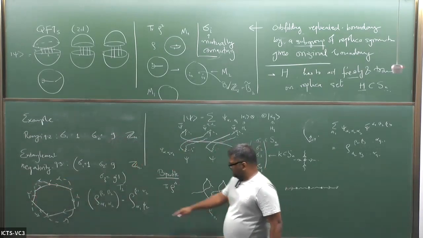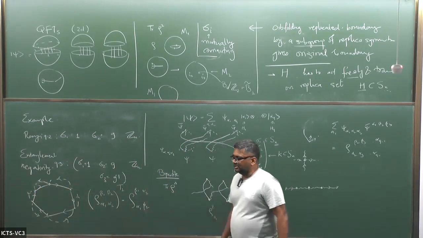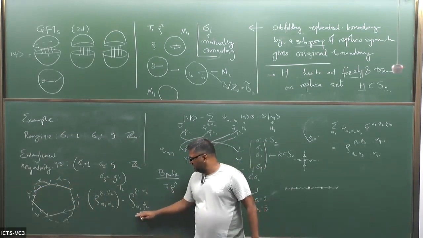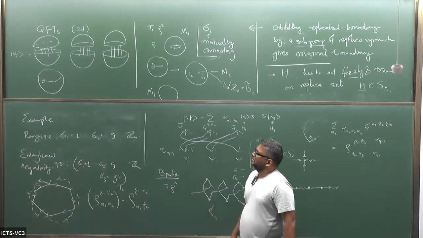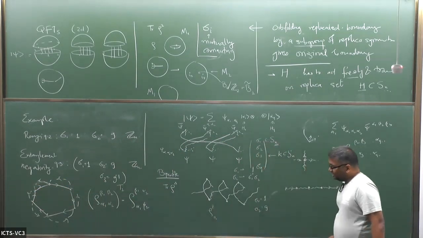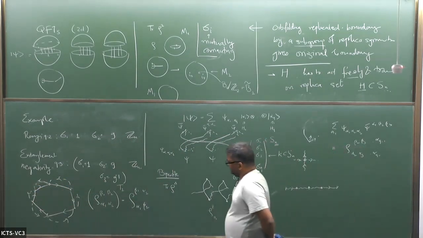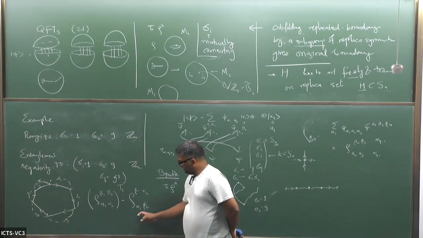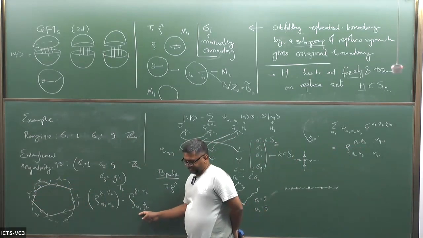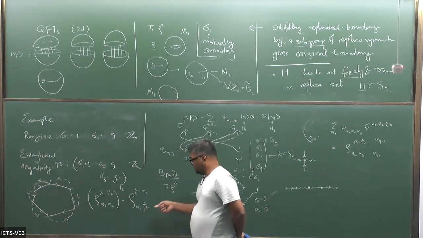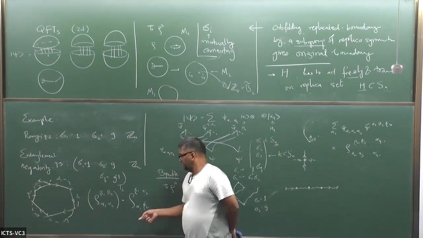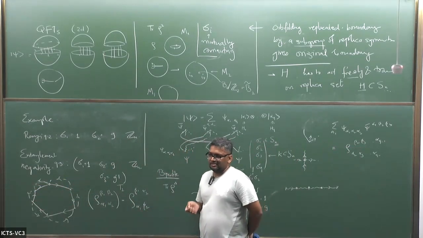There is some nice thing about this quantity because there is a theorem by someone, I forget, which says that you can use positivity of the partial transpose as a test of separability.